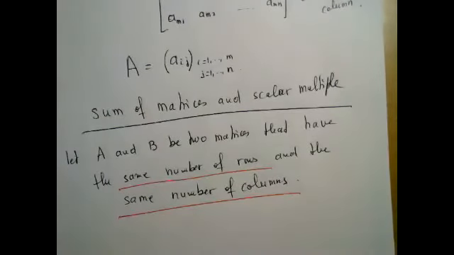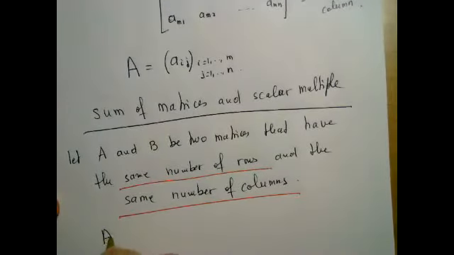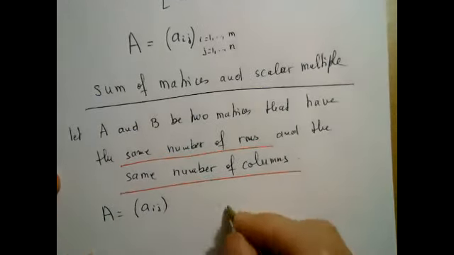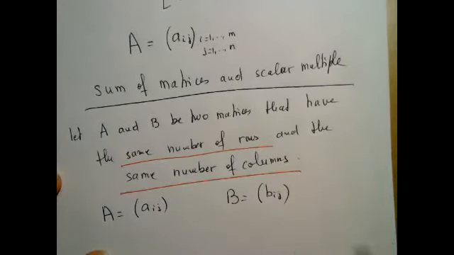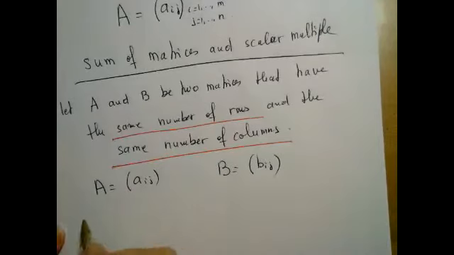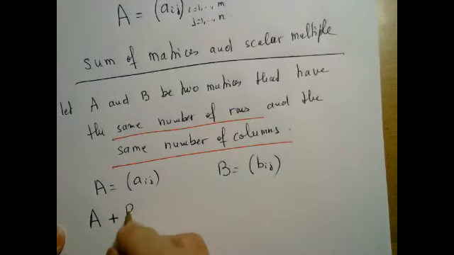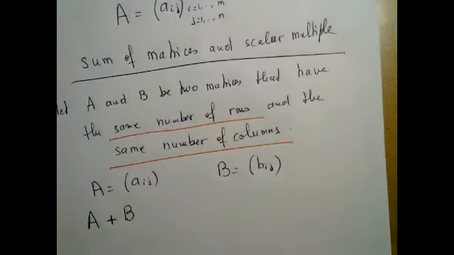And then let us say A, we call its entries Aij, and B, we call its entries Bij. Now we can form a third matrix, A plus B. We're going to add them in the most natural way.